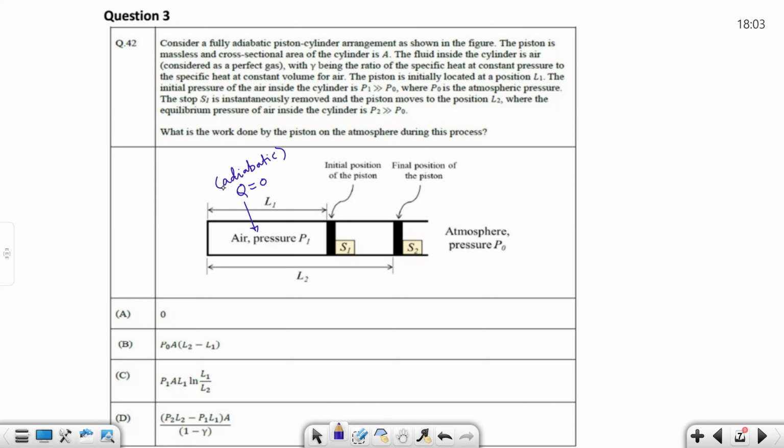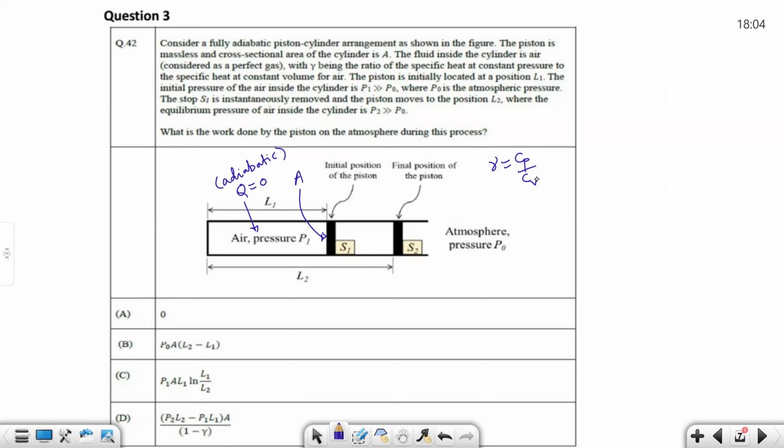The cross-sectional area of the piston is A. Gamma is the ratio of specific heat at constant pressure to specific heat at constant volume. Gamma is Cp by Cv.